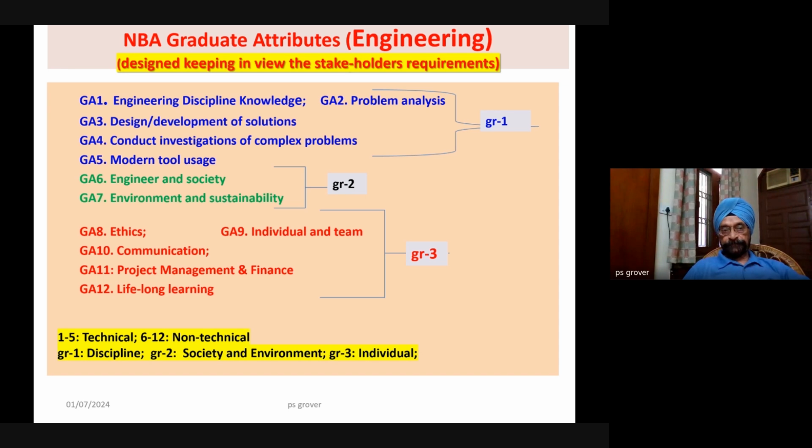Now kindly see what we want our engineer to be. I have just expressed them as graduate attributes. I have tried to ensure that they have good technical knowledge. They should be good human beings.